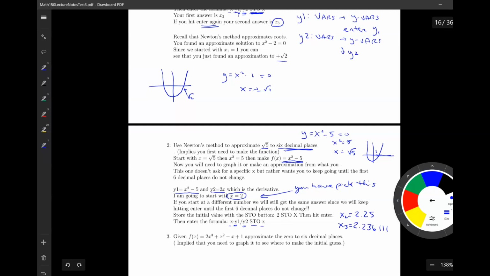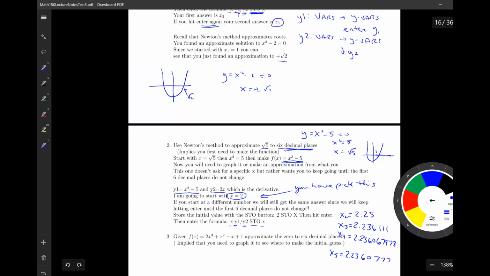2.236111. And let's do it again. So just keep hitting enter. 2.236067978. And then if I hit it one more time, I get 2.2360777.